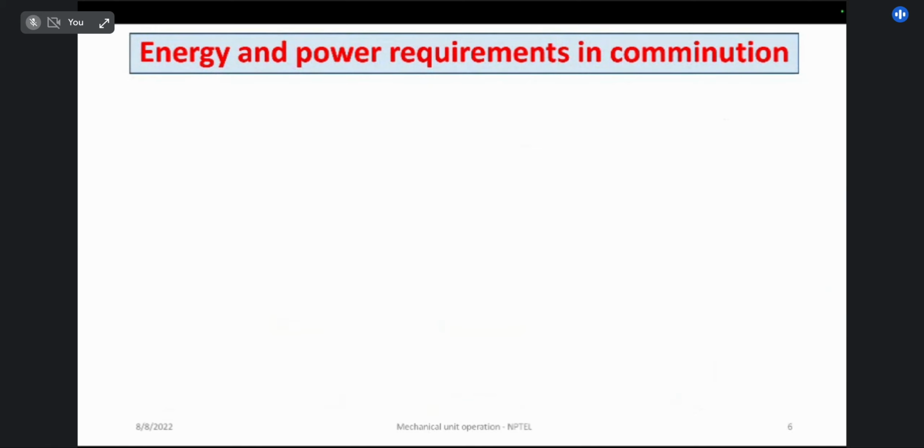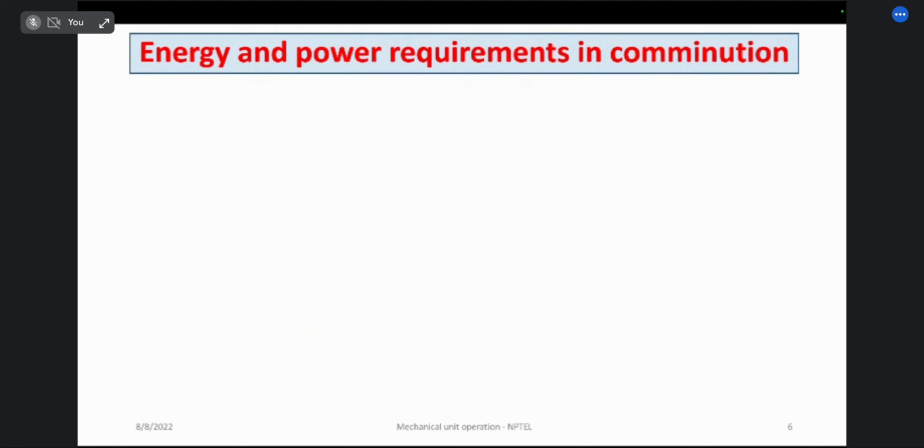Now the most important thing we need to understand is that in size reduction operation, energy and power requirements are very huge if we compare them with other unit operations. So size reduction requires a high amount of energy.